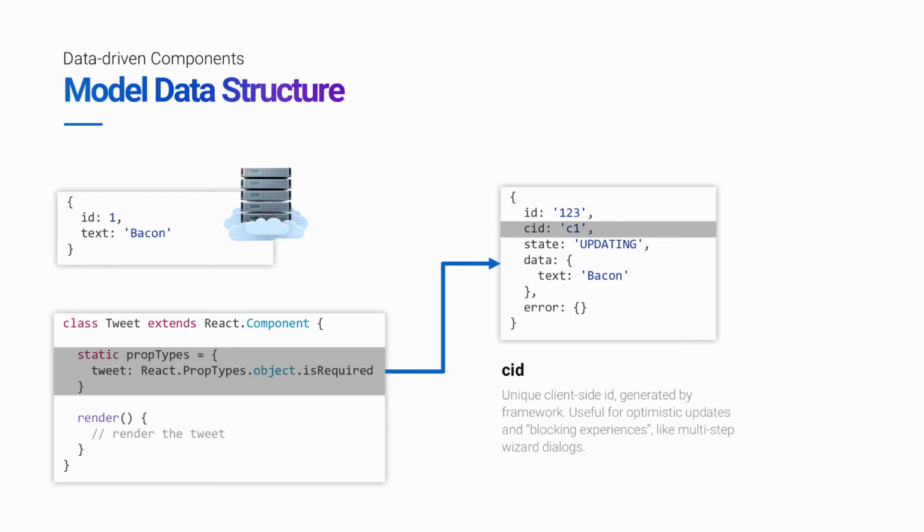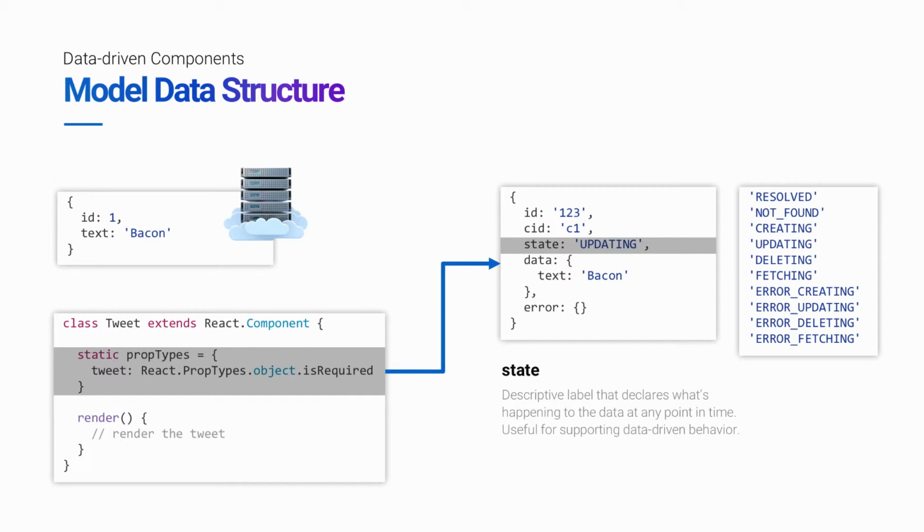The state is a descriptive label that declares what's happening to that data. So for example, right here it says it's updating, and this would allow the component to know that this tweet is currently being updated by the user. And you can see examples of additional states that exist by default for creating data, fetching data, and error states for each of those.